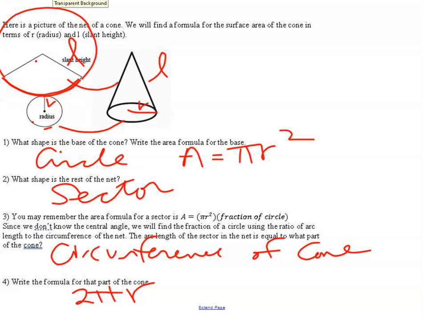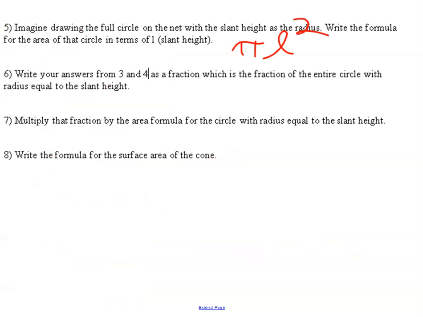So arc length is equal to 2 pi r, over, so what fraction of the entire circle? That would be 2 pi r over 2 pi l.